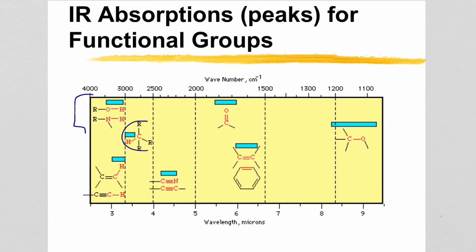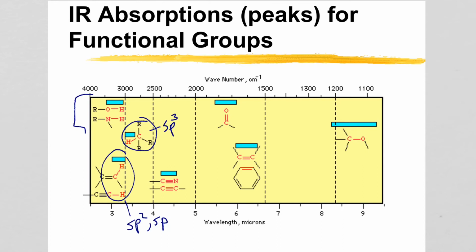You're always going to see CH right there around 3,000, and that's CH if it's an sp3 hybridized carbon. If it is a hydrogen attached to an sp2 or sp hybridized carbon, it's going to be just above 3,000 reciprocal centimeters.